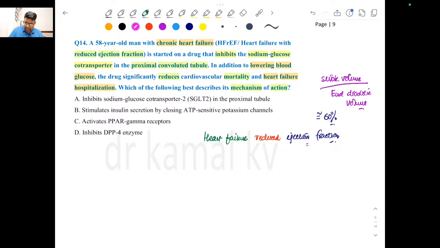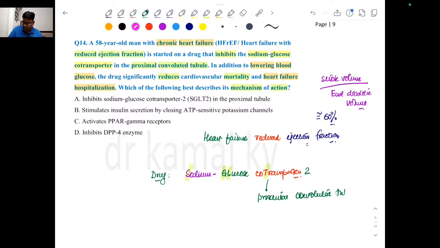Now, what is happening in terms of pharmacotherapy here? He is started on a drug that is inhibiting sodium glucose cotransporter, clear, and this is SGLT, especially type 2, which is acting in proximal convoluted tubule, right.